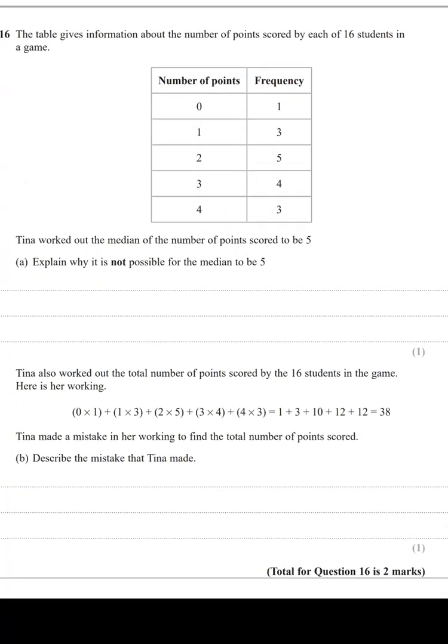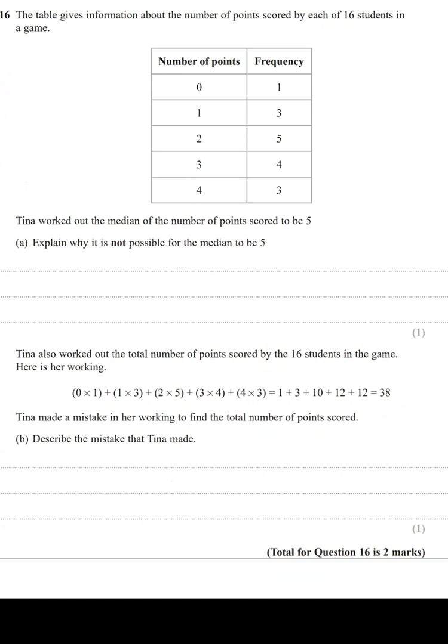Okay. What have we got going on here? The table gives information about the number of points scored by each student of 16 students in a game. Tina worked out the median of the number of points scored to be 5. Explain why it's not possible for the median to be 5.